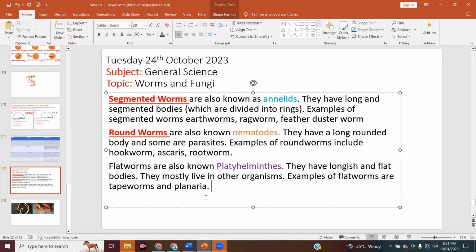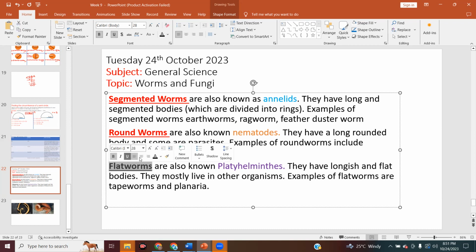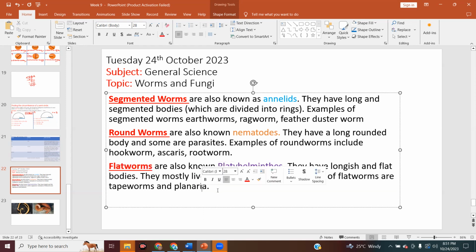So tapeworms, like we said, can be inside the body. Flatworms can be inside the body, and roundworms can be inside the body too.